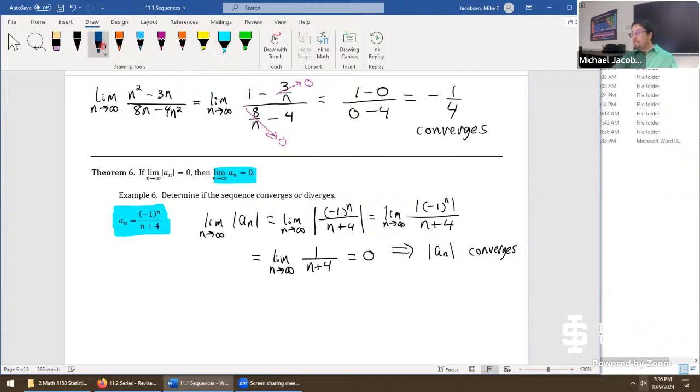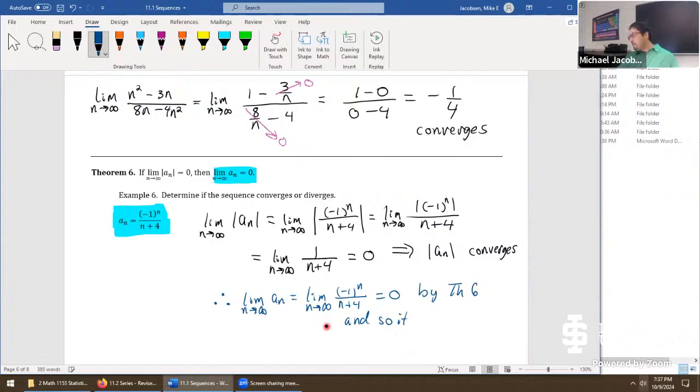So if you use theorem 6, you need to make another conclusion and say, therefore, the limit as n goes to infinity of a_n, which was this, you wouldn't have to expand it out, but just to be very descriptive in the notes, this limit, the one that's been alternating, is now equal to 0 by theorem 6.